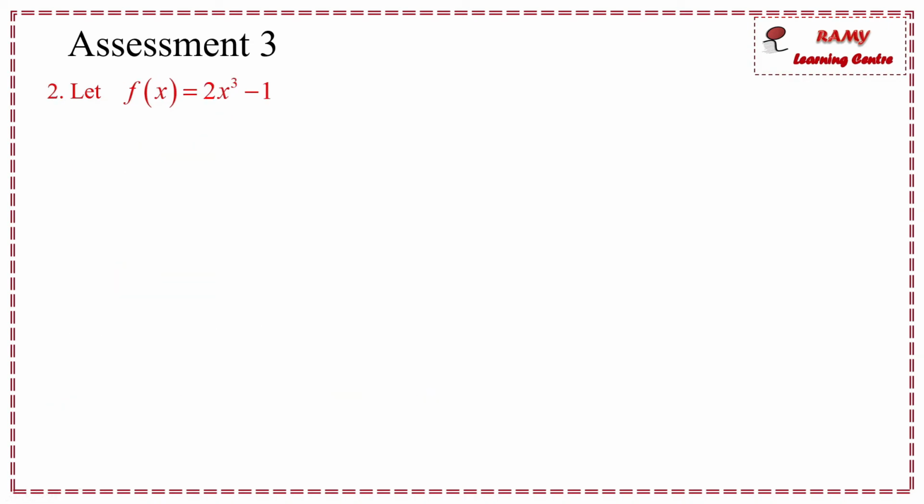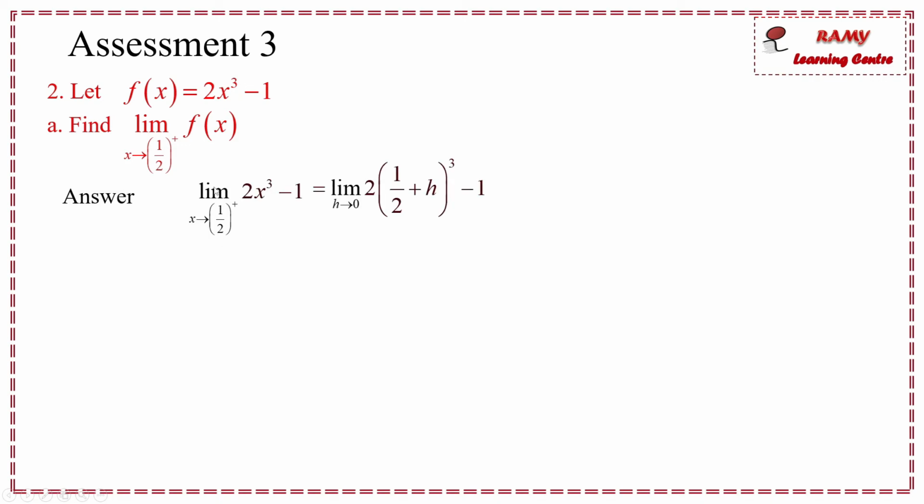Second sum, let f of x is equal to 2x cube minus 1. Find limit x tending to half plus of f of x. So that is nothing but limit x tending to half plus of 2x cube minus 1 is equal to limit h tending to 0.